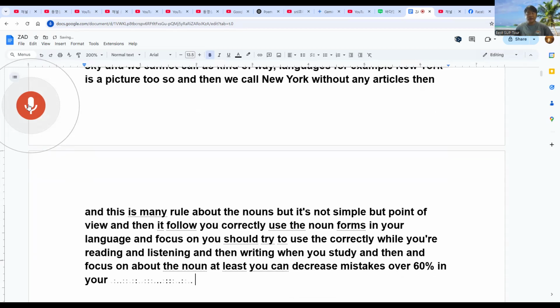That means you can have confidence in speaking English.